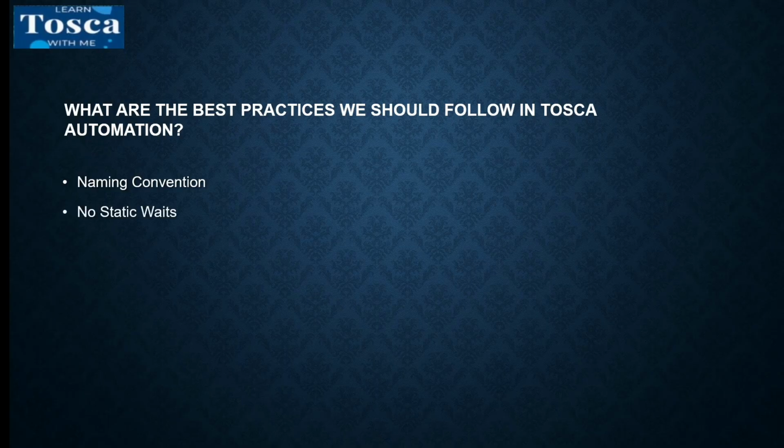The second one is no static waits. We should not use static waits. A static wait in Tosca means TBox Wait. The disadvantage of using TBox Wait is that it will slow down your performance and execution time.